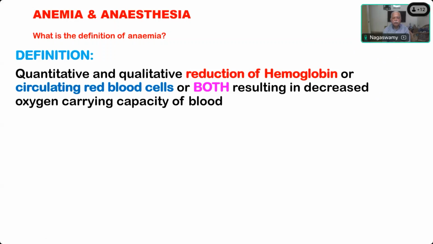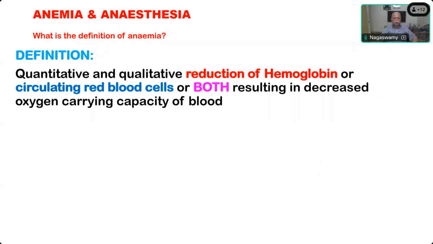Which type of anemia? Your hemoglobin will be low, but RBC count will be normal. Microcytic hypochromic, where the hemoglobin content is low, but the RBC count is normal. Okay. So the correct definition for anemia is a quantitative and qualitative reduction of hemoglobin.